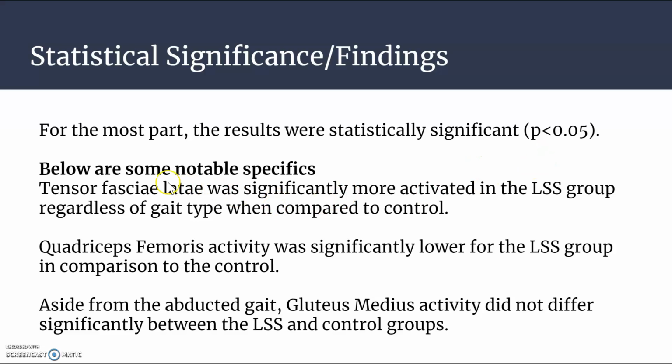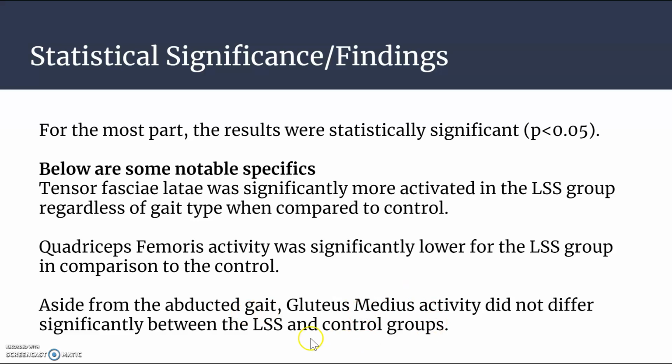Here are some notable specific findings. The tensor fasciae latae muscle, which is one of the muscles studied, was significantly more activated in the LSS group, regardless of gait type, which shows that there is some potential additional muscle recruitment with the disease. Quadriceps femoris activity was significantly lower for the LSS group, which is also important because it may show the effects of LSS.